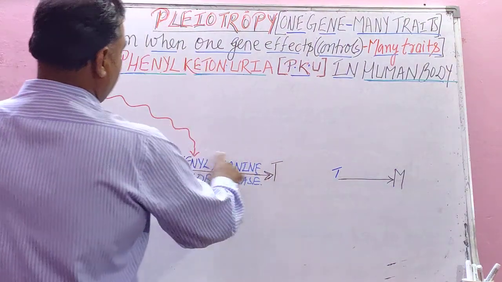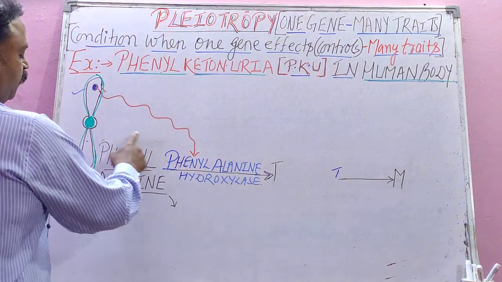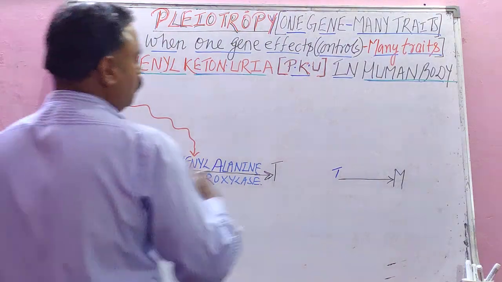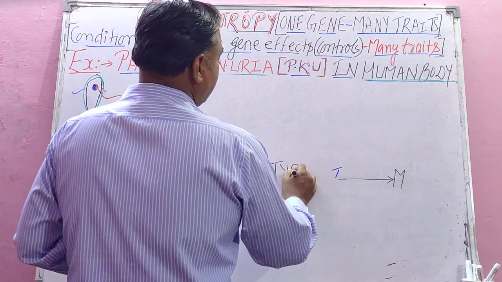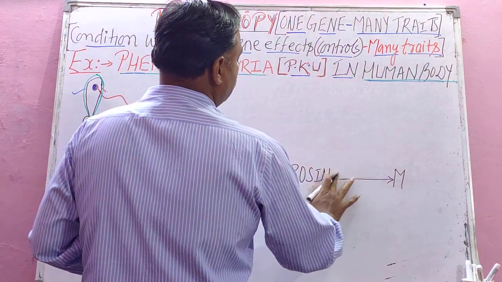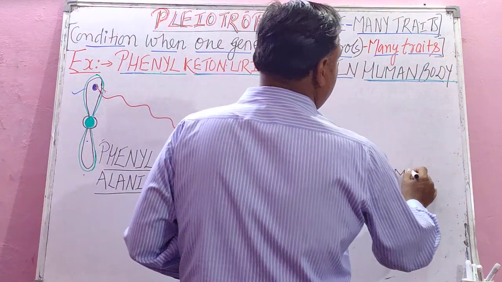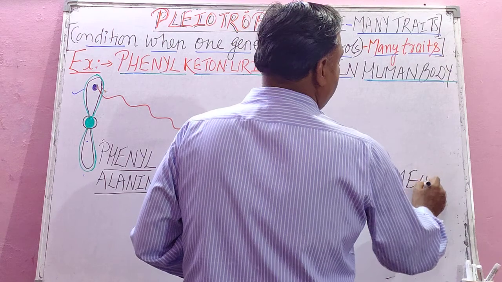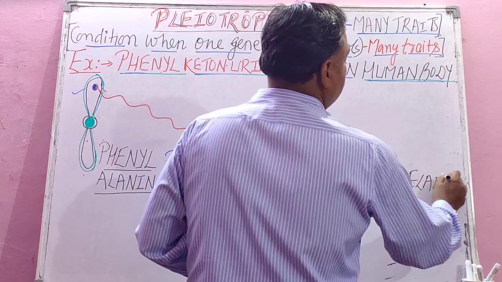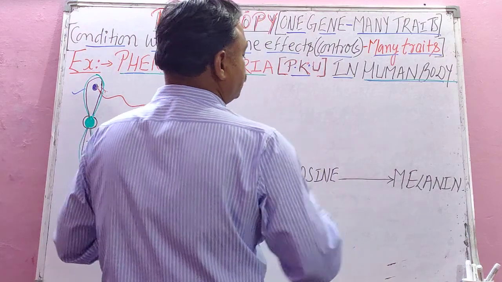It converts this compound in our body, phenylalanine, into tyrosine, and tyrosine is converted into melanin in the presence of the enzyme tyrosinase.